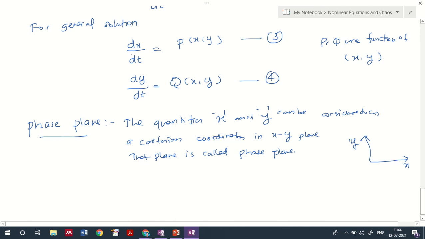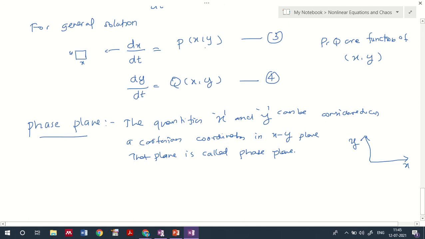If you represent dx by dt and dy by dt as a simple plane, I already said what dx by dt is. dx by dt is a very small area. A small area means what? It has a height and it has a width. So this is our y and this is our x. So when you are just describing, you are actually getting an area.